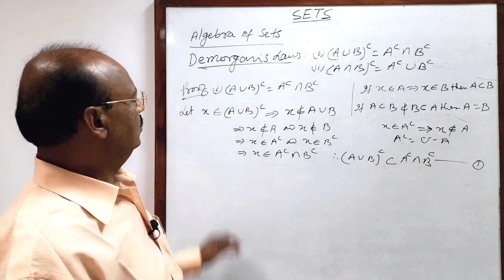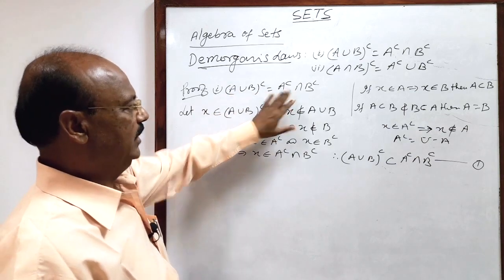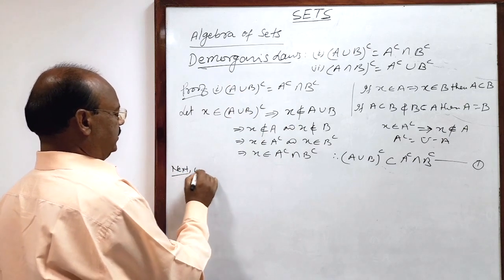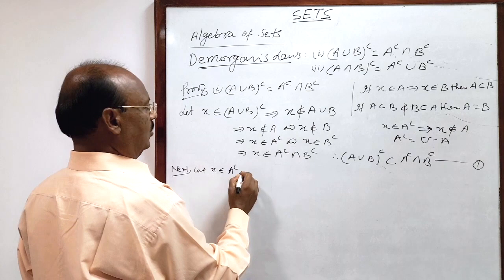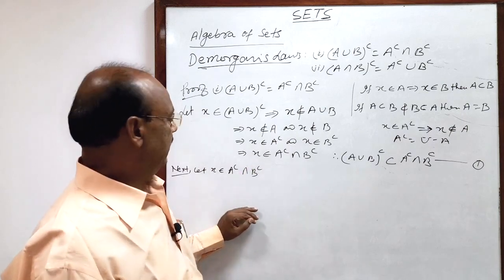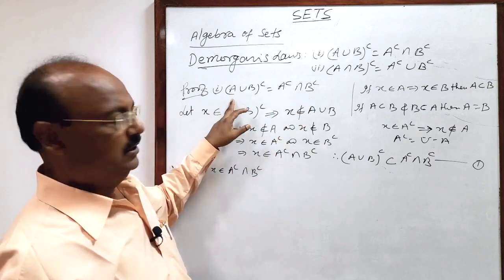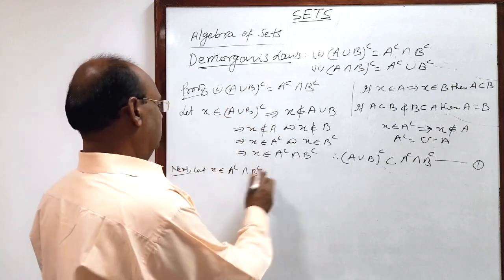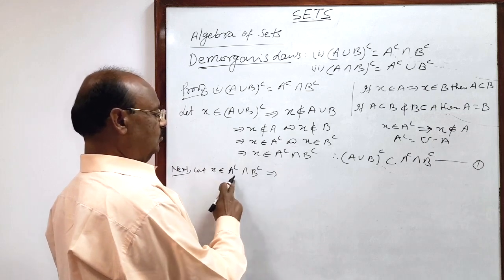Correct. Now let us use the reverse path. Next, let X belong to the right hand side, A complement intersection B complement, and we will try to show that X also belongs to the left hand side. Then the right hand side will be a subset of the left hand side. So this implies that, since intersection is here, X will belong to both the sets.